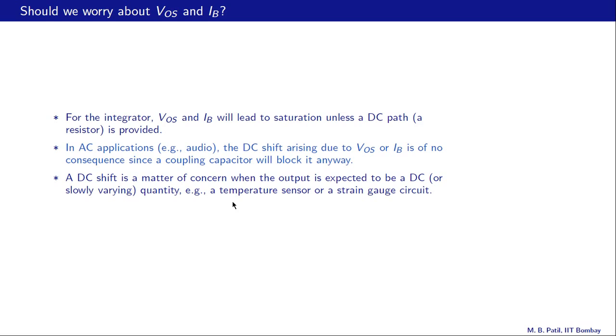Now in these situations, a DC shift is definitely a matter of concern, which arises because of VOS and IB, because that is going to lead to a wrong temperature value being interpreted. So in these situations, definitely we must worry about the offset voltage as well as the bias currents, and we should try to minimize the effect either by choosing an op amp which has much better values of these parameters or by using some circuit tricks.